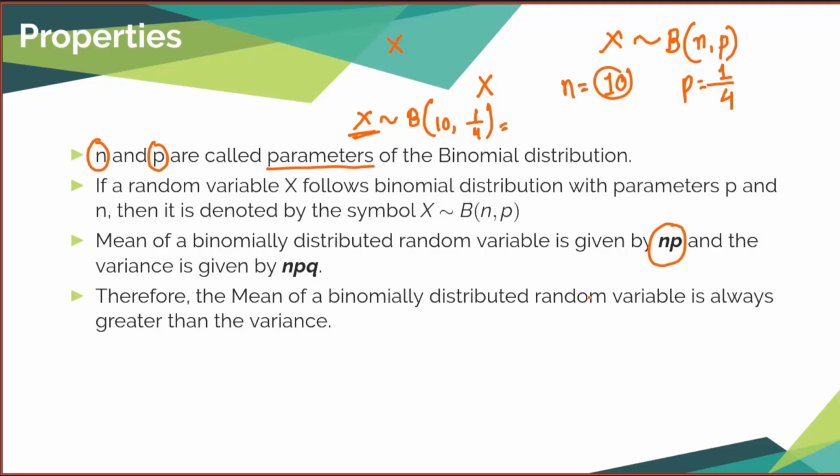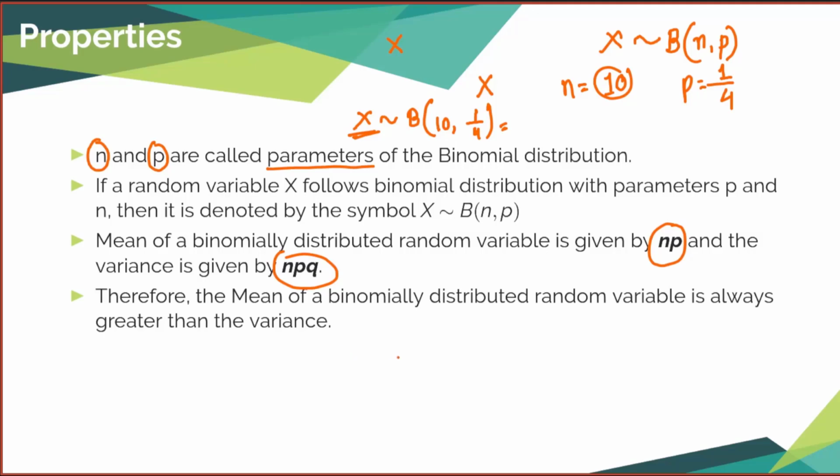Mean means the average number of successes, and the variance will be given by multiplication of these three quantities, that means n, p and q: number of repetitions, probability of success, and probability of failure, right? Now since the mean is np and variance is npq, q will always be, since it is a probability, equal or less than 1, right?